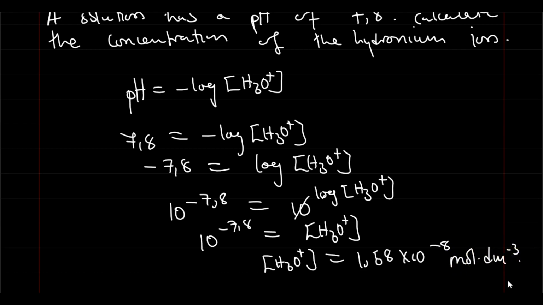Guys, please, every time you write your answer, check if the answer requires units, and write the correct units. If you don't write the correct units, you will be penalized. This question is worth 3 marks. So 1 mark here, 1 mark for substituting, and 1 mark here.